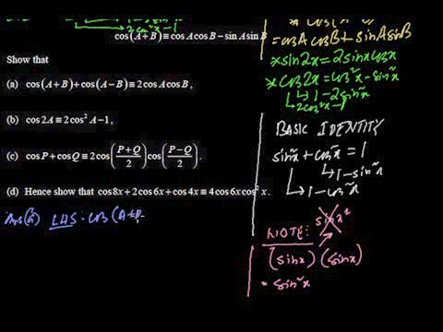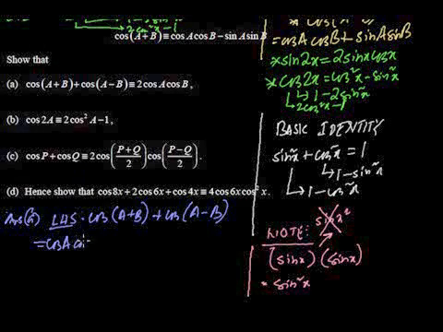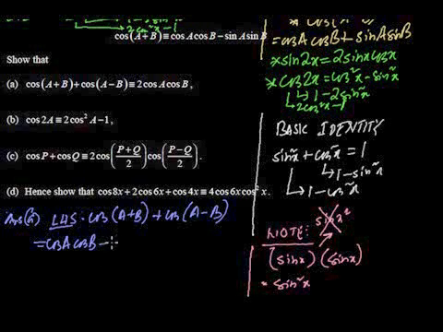Cos A plus B plus cos A minus B, and if we break it down, cos A plus B is going to be cos A cos B minus sine A sine B, because if there is a plus we have to write minus.